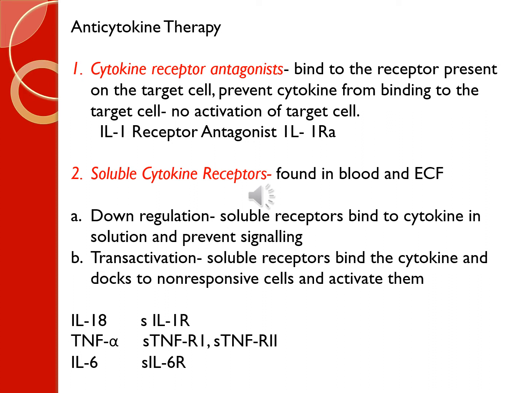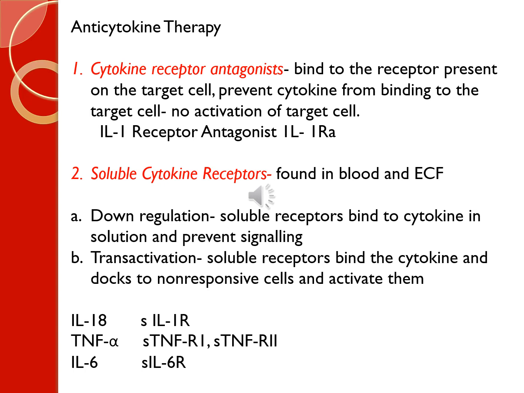So finally, in soluble cytokine receptors, you have two varieties: either receptors are given which bind the cytokine in the bloodstream and prevent signaling, or you have transactivation, wherein the soluble receptors bind to the cytokine and dock them to non-responsive cells so that there is no activation of the target cell at all.